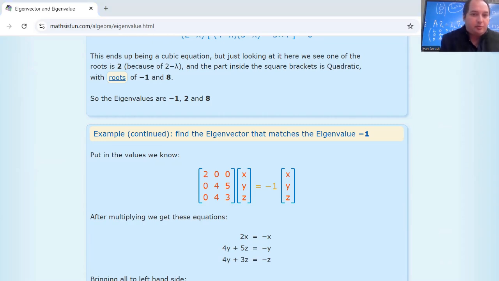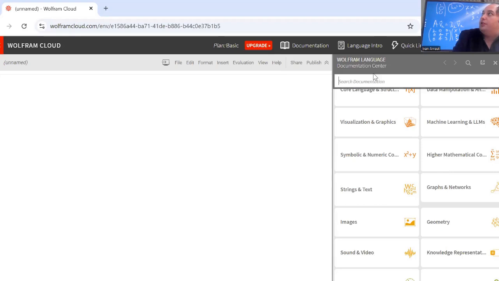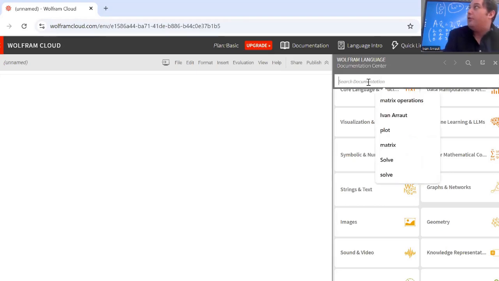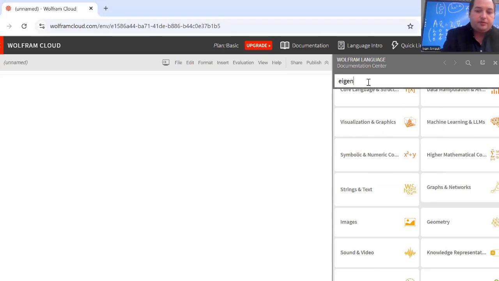If I go again to my magical Wolfram Cloud here, because of course I know that I'm no professor for developing these equations, I will show you that you can find here in the documentation this one. In the documentation, you can find Eigenvalues.